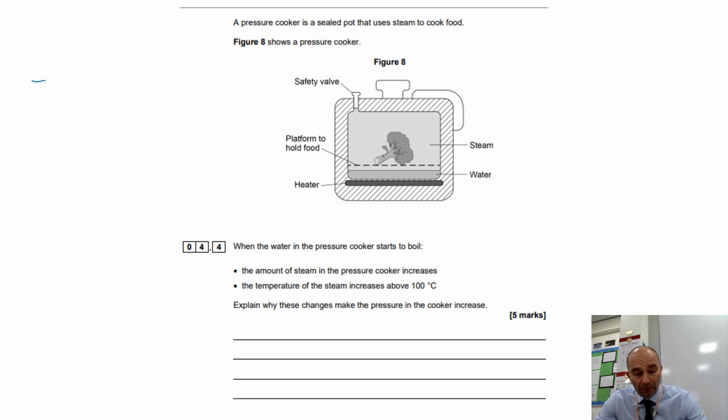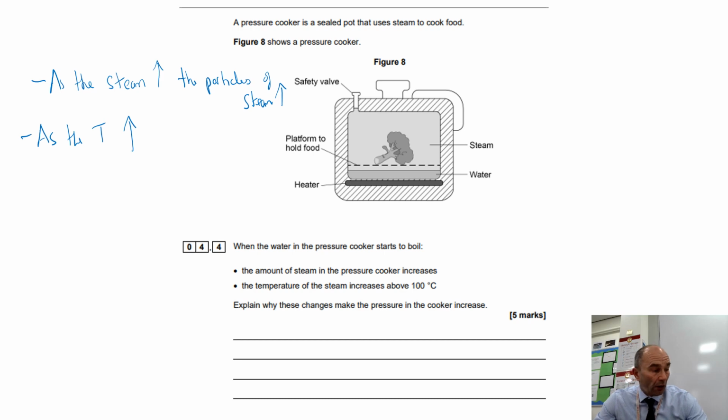So the first thing, as the amount of steam increases, it means that we've got more particles of steam. So that's gone up as well. That seems pretty obvious. Now, as the temperature goes up, our steam particles move faster.